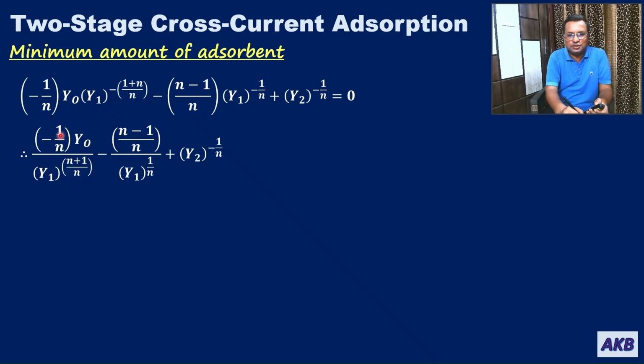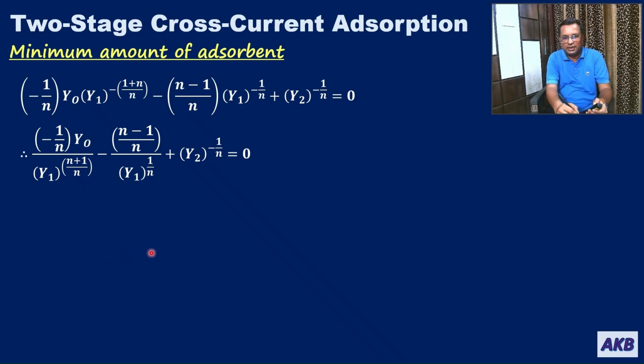So it will be minus 1 by n into capital Y0 divided by capital Y1 raised to n plus 1 by n. So the negative term becomes positive when it is in the denominator. The second term is minus n minus 1 by n. Again the same thing, divided by capital Y1 raised to 1 by n, plus Y2 raised to minus 1 by n. That is equal to 0.